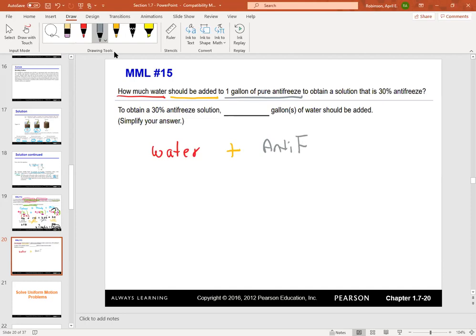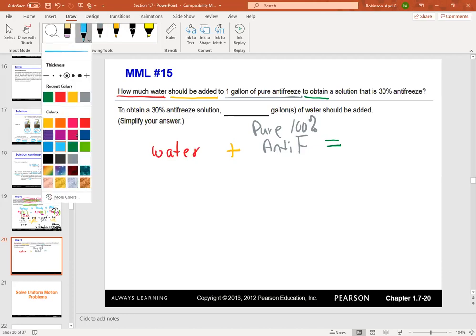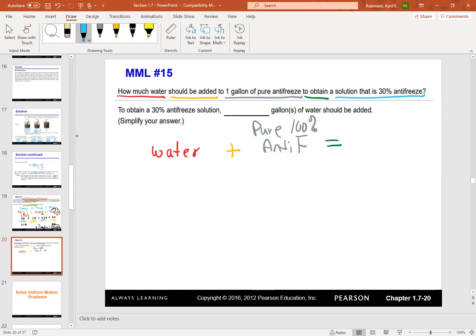Here's my antifreeze, to obtain a solution that is 30% antifreeze. Pure antifreeze means it's 100%, nothing else in there. And then we want a solution that is 30% antifreeze.